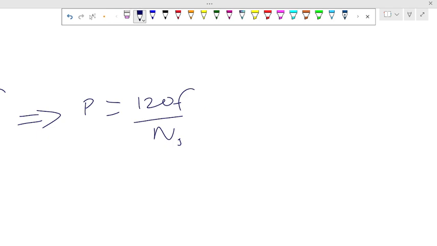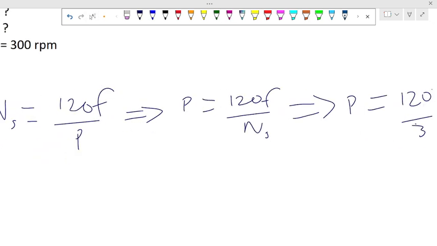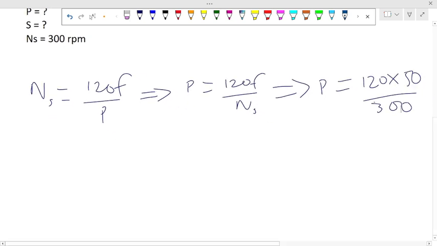Alright, then what happens next? P equals 120. Our frequency is 50. Our Ns is 300. Is that correct? Yeah, Ns is 300. Then we just give our final answer.